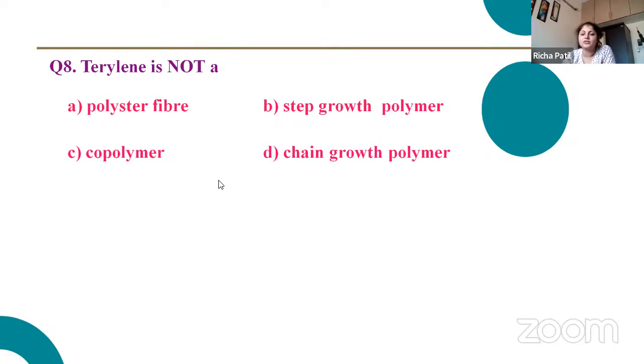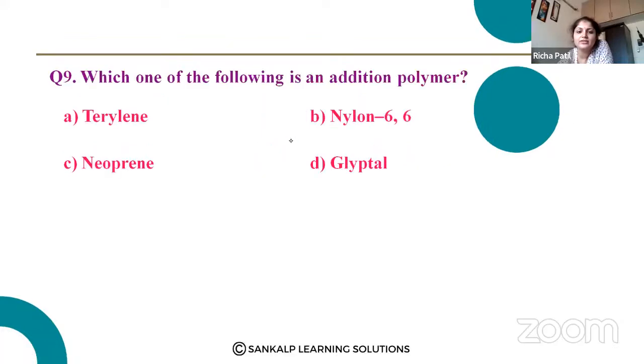It is made up of ethylene glycol and terephthalic acid. Terylene's other name is Dacron, right? So D is the correct answer. Many have answered it right. So we'll go for the next one.